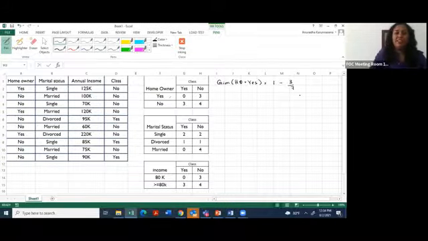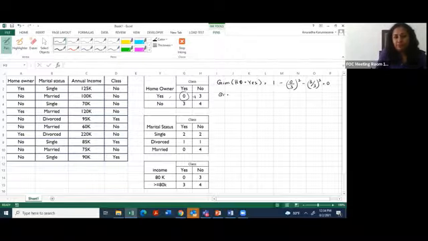Sorry, that is wrong. Yes is not 7. Yes is having 3 and 0, divided by 3. 0 divided by total 3, and 3 divided by 3, squared. You get 0 if you do it.